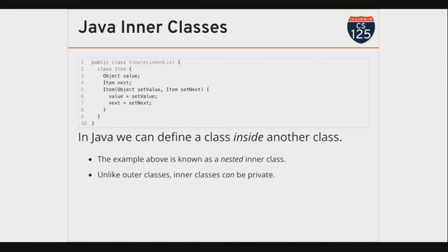Remember when we talked about public and private and protected, we pointed out that Java outer classes, the only kind that you've known about until this point, cannot be private. Inner classes can. So that's one of the things that's kind of interesting about them. I can define an inner class as part of my outer class, and I can use that internally to maintain my own data structures, and that's what we're going to do when we implement our linked list.